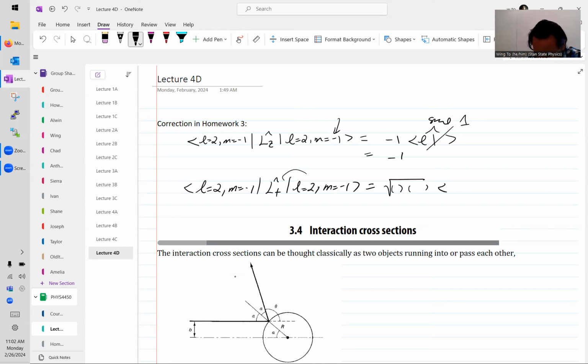But you end up with L equals 2, M equals -1, and since you raise M by 1, that's going to be L equals 2, M equals 0. And this is actually going to be 0, and anything times 0 is 0. So these expectation values are going to be 0.